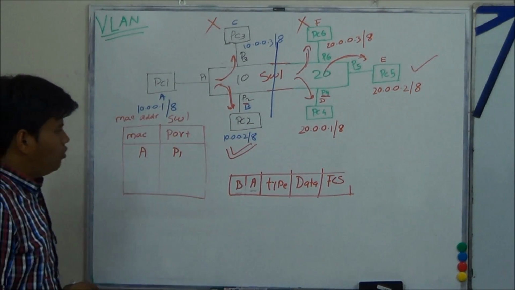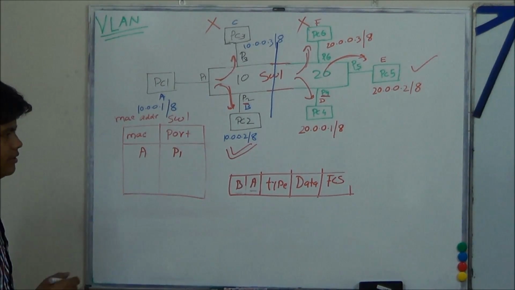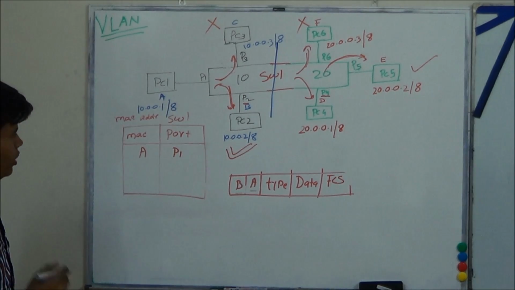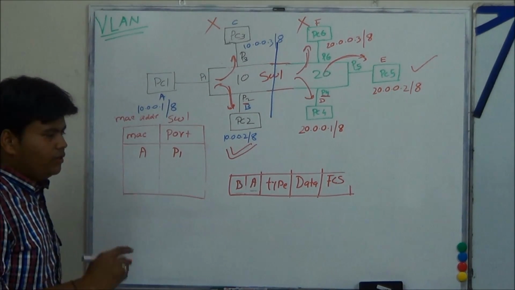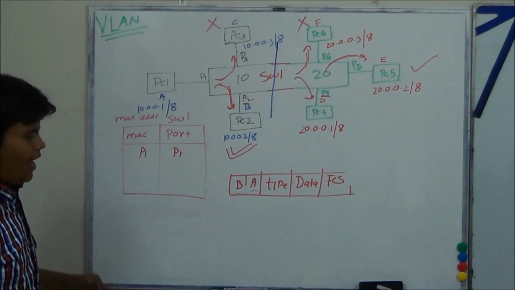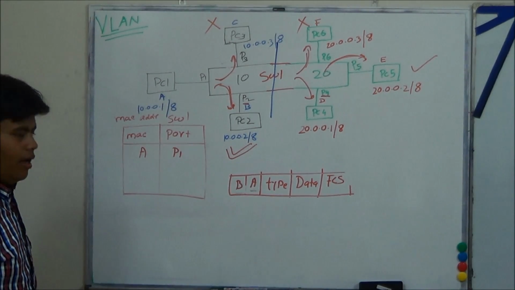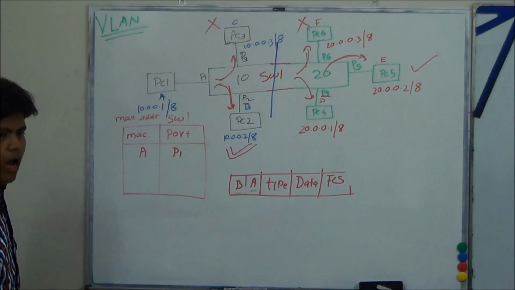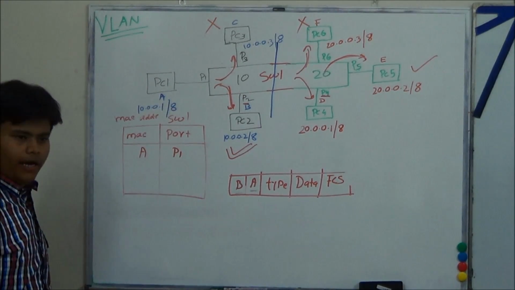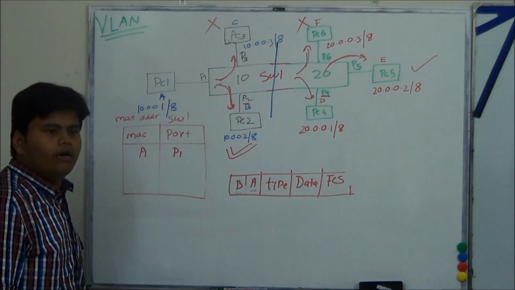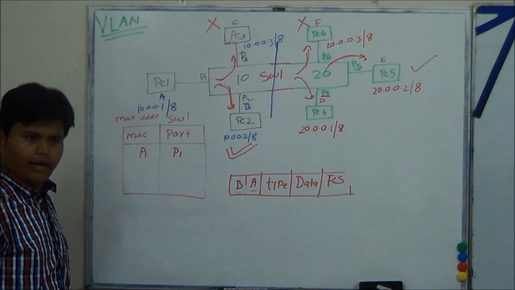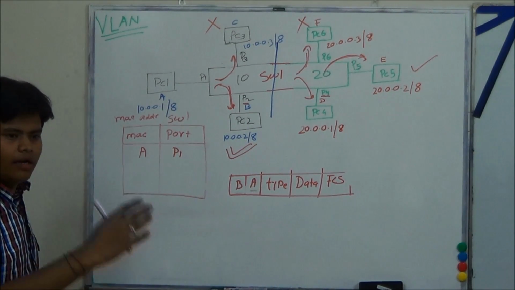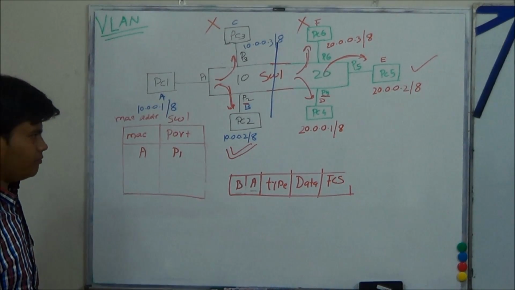Now two more concepts or topics are introduced due to the VLAN. First is access port and second is trunk port. And now what is an access port? Access ports are those ports where, when it receives a frame, it adds a VLAN tag, and when it sends the frame, it removes the VLAN tag.